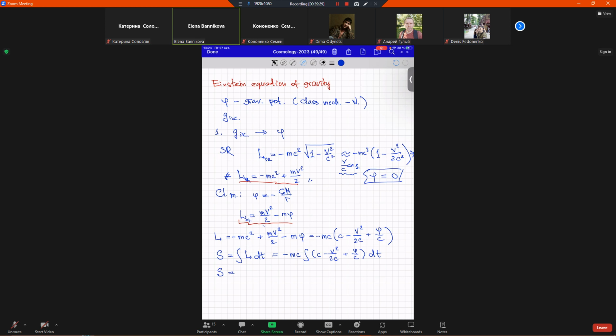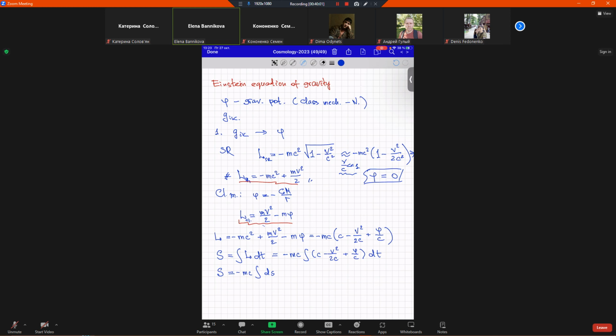If we write it from the other side, from the point of view of special relativity, the action we can write as minus mc integral of ds, where ds is small, the interval between two events.